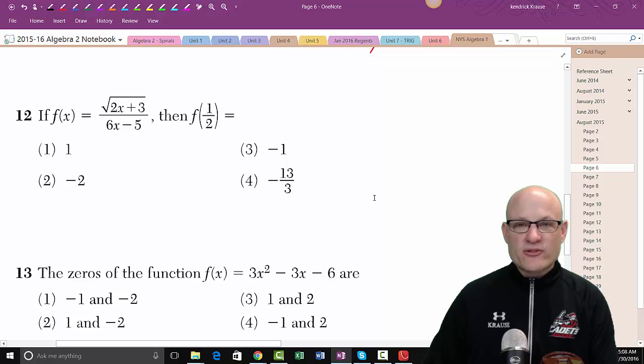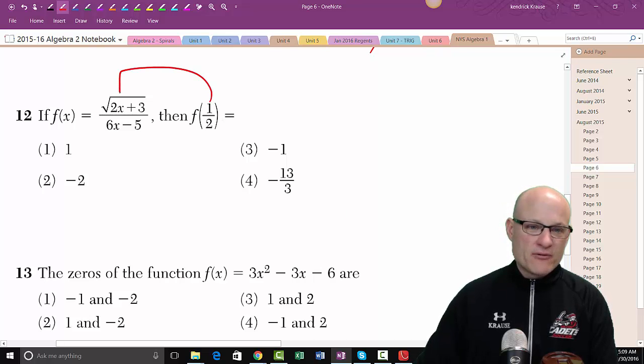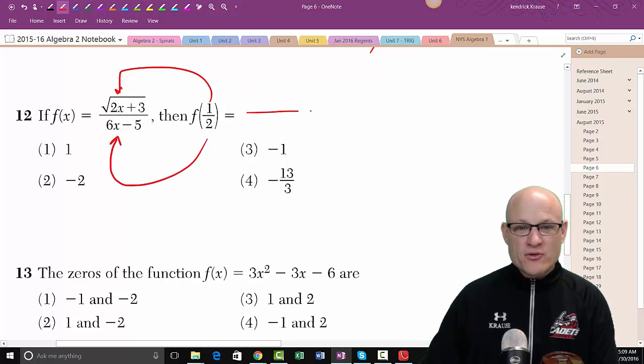So I'm going to do this mathematically and algebraically for you, and then I'm going to show you how to use the calculator to do it as well. All we got to do is plug in 1/2 for x. Multiplying by 1/2 is just taking half of the thing. So it's the square root of 2 times 1/2 plus 3, all over 6 times 1/2 minus 5.